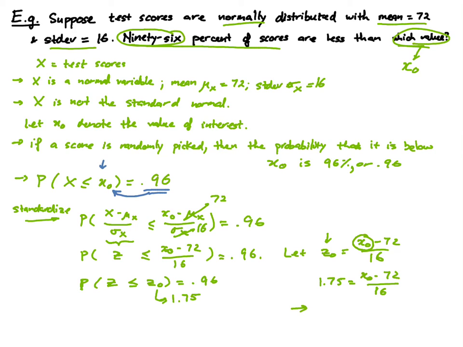I'm going to let you do the math here, but, well, let me just do it. It's rather easy. You multiply both sides by 16, so 1.75 times 16, and then you add 72 to both sides. If you do that, you isolate x0 by itself on the right hand side and all the numbers on the left hand side, and so you can do the math. If you do the math here, you're going to get 100 as the answer.